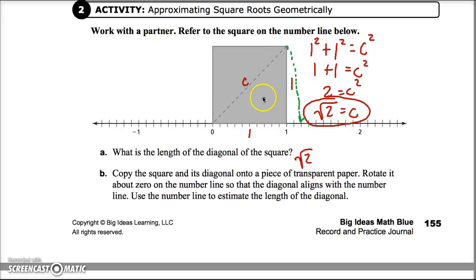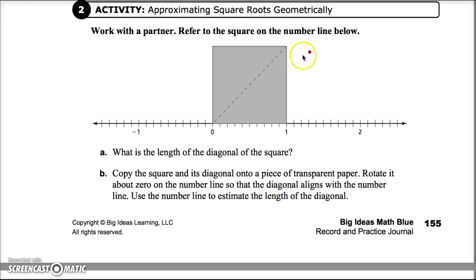And you're going to use that to estimate about what number it would fall on. Now, if I did that, it's actually going to fall somewhere right in here, somewhere around 1.4 if you were to figure that out. So if we estimate the square root of 2, it's about 1.4.